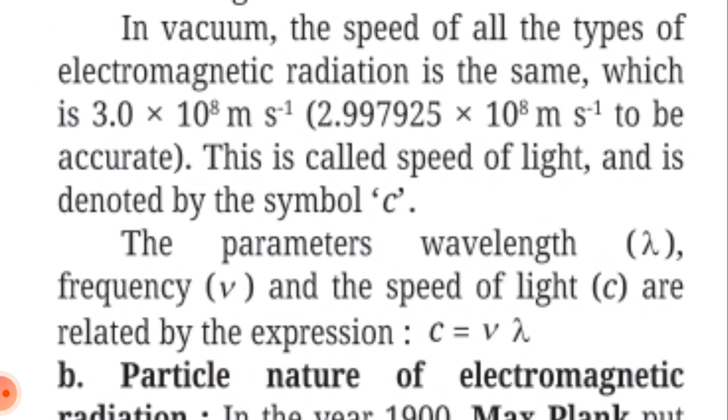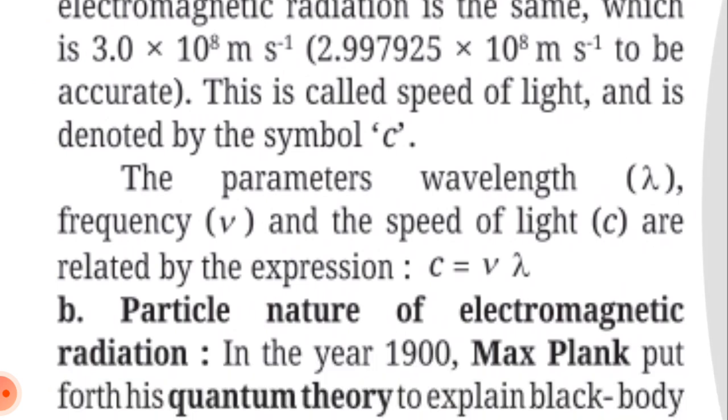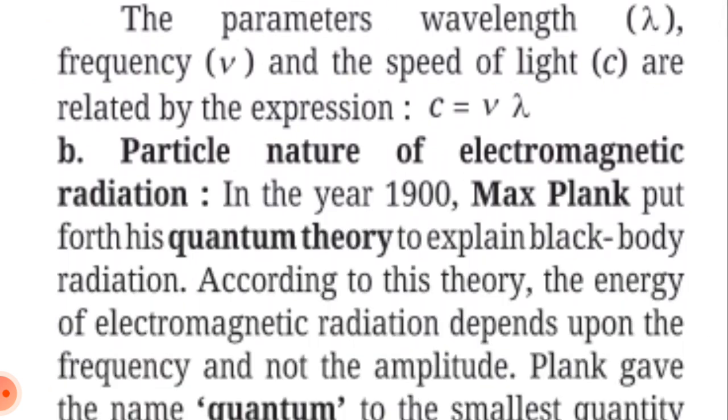In vacuum, the speed of all types of electromagnetic radiation is the same, which is 3 multiplied by 10 raised to 8 meter per second, or more accurately 2.99792 times 10 raised to 8 meter per second. This is called the speed of light and is denoted by the symbol c. The parameters wavelength lambda, frequency nu, and the speed of light c are related by the expression c is equal to nu multiplied by lambda.